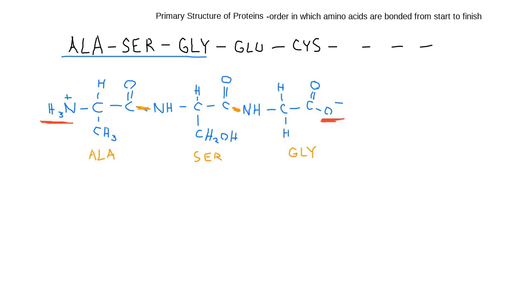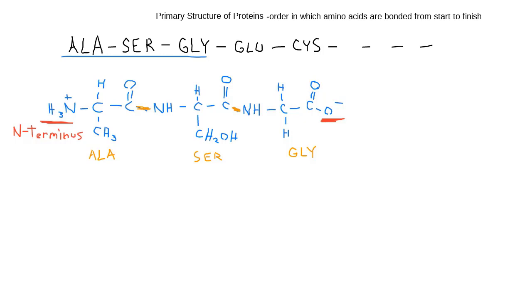The end of the chain that has the nitrogen is called the N-terminus. That's the amino acid at the end that terminates with the nitrogen.